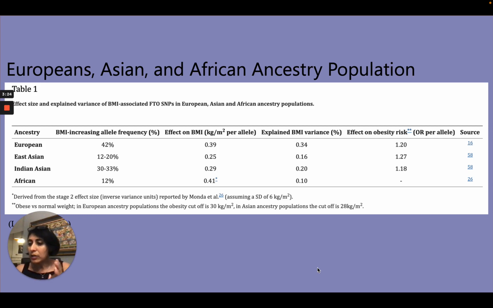But as we learn more about the impact of these genes on obesity, we will be able to better understand the connection.